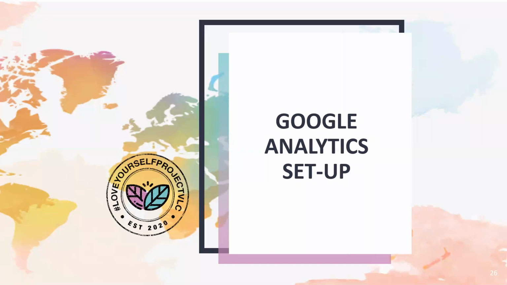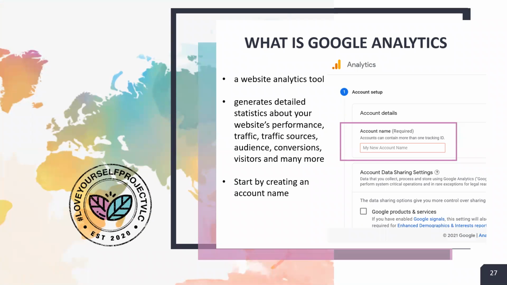Now we head over to Google Analytics. So what is Google Analytics? Again, it's a website analytics tool, but it generates detailed statistics about your website's performance, traffic sources, audience, conversions, visitors, and many more. So to start with this, you have to create an account name. So this is just a general name, maybe the name of your business.